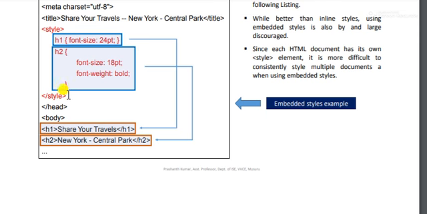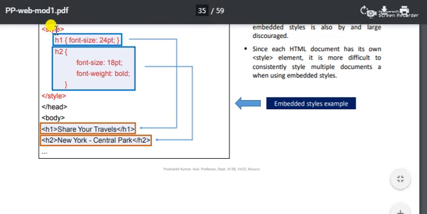This style element you can place in head or body, no matter. You can place it anywhere and it will get executed, but for best practice you place it within the head. We don't have any mandatory rule that it must go in head or body.